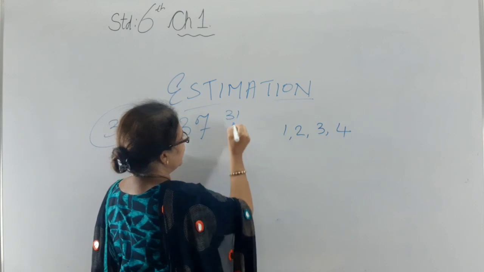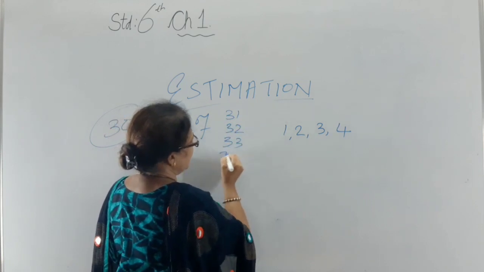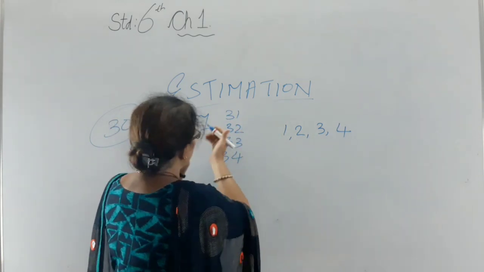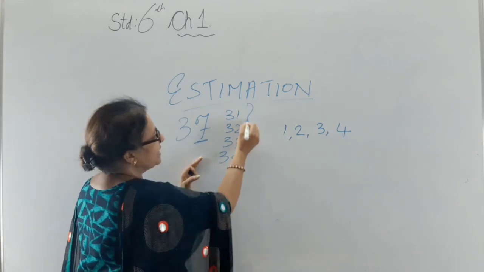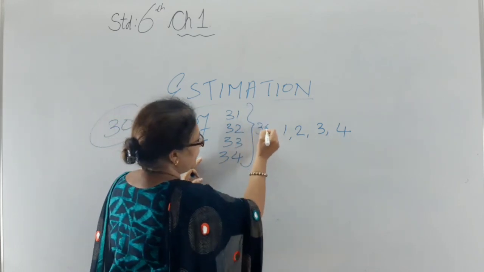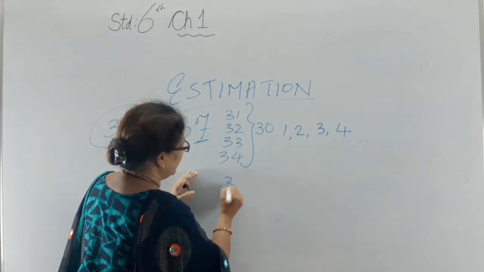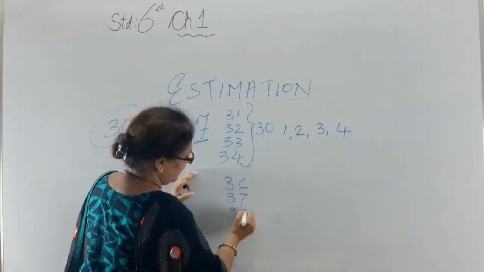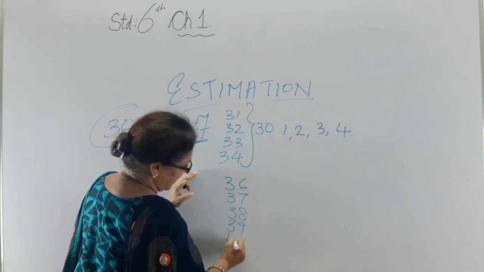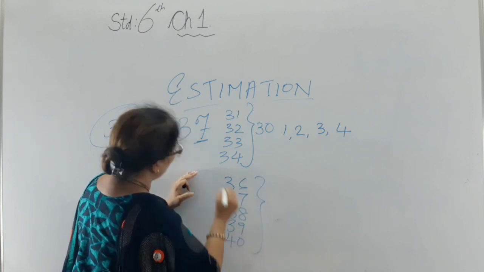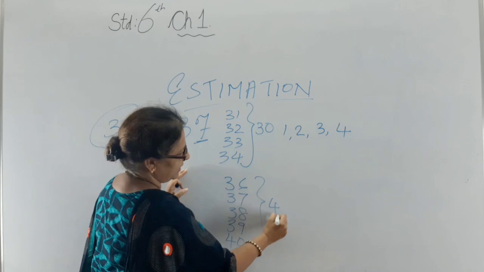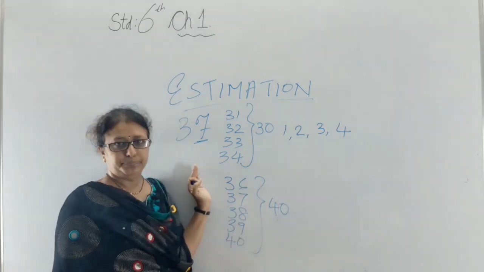If it is 31, 32, 33, 34, the approximate value will be 30. But if it falls in 36, 37, 38, 39, 40, then it will go in the next category, that is 40.